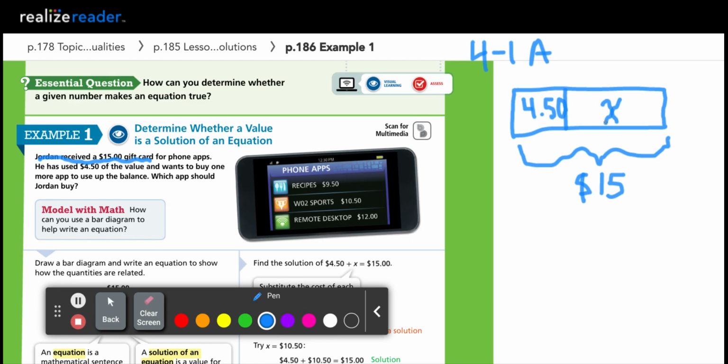So now I represented that other unknown amount with a variable, the letter X, because I can use any letter to represent an unknown number.